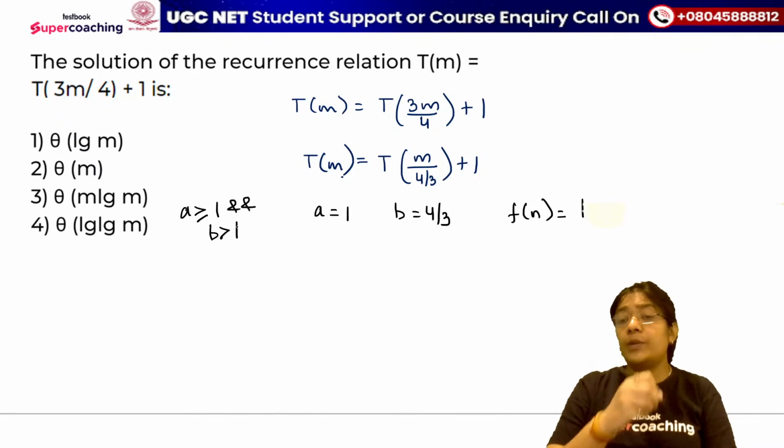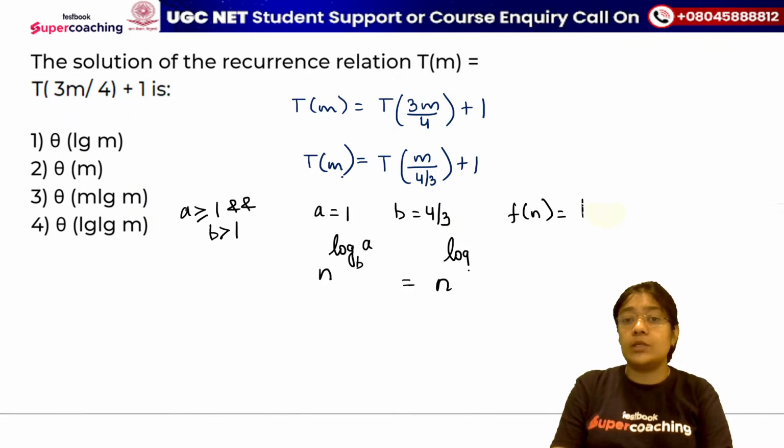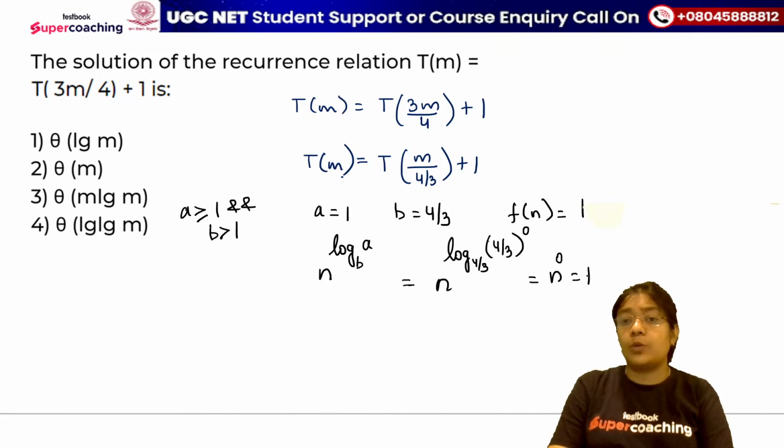Denominator में we are getting 4 by 3. If that is the case, then find out the value for n raised to log A with the base B. A is 1. यहाँ पे base 4 by 3 है तो मैं A की value 1 को लिख रही हूँ, 4 by 3 raised to power 0. Anything raised to power 0 is 1. So ultimately this comes out to be n raised to power 0, that is nothing but 1.